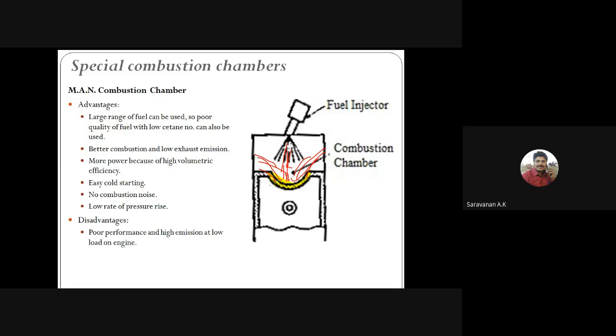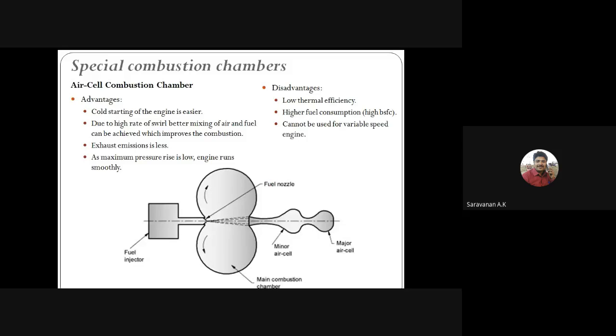If you use this chamber in low speed engines, we can get high emissions at low load itself. In terms of emissions, it is a very disadvantaged one, right?